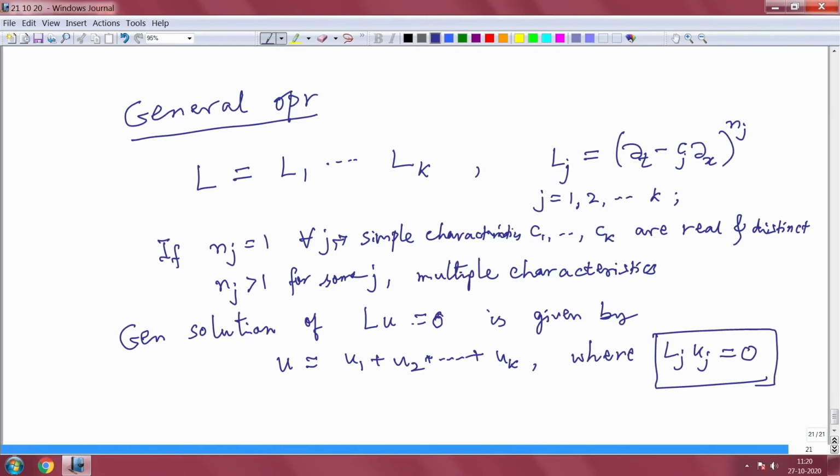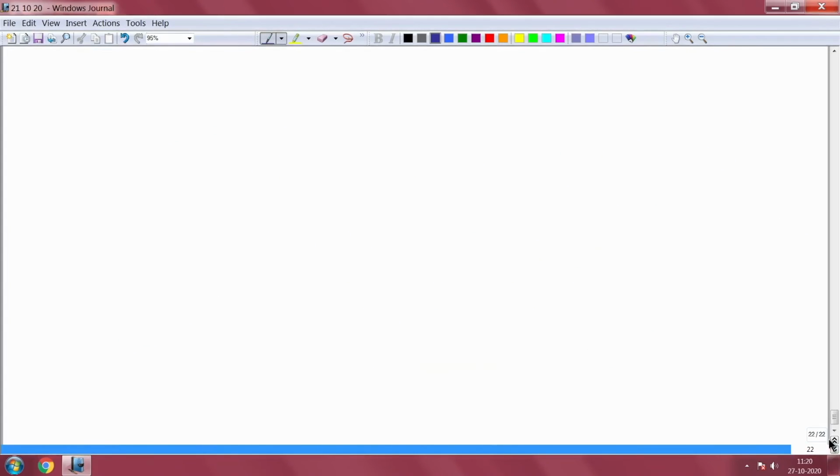So, with this thing now we will move on to again wave equation, but now wave equation in first quadrant. So, so far we considered on the real line, but now we are considering only on the positive axis.